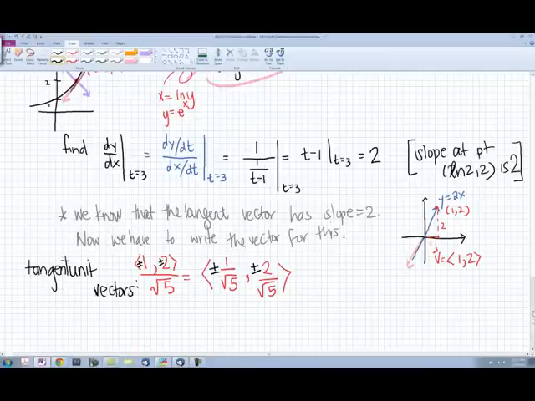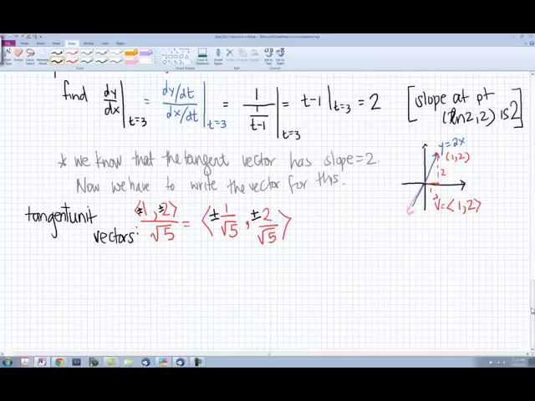Now, what do you know about the slope of a perpendicular line compared to this one? Well, the slopes have to be negative reciprocals. So that means it would be going in the other direction this way. And what would its slope be? The slope should be negative 1/2. So this would be y equals negative 1/2 x.